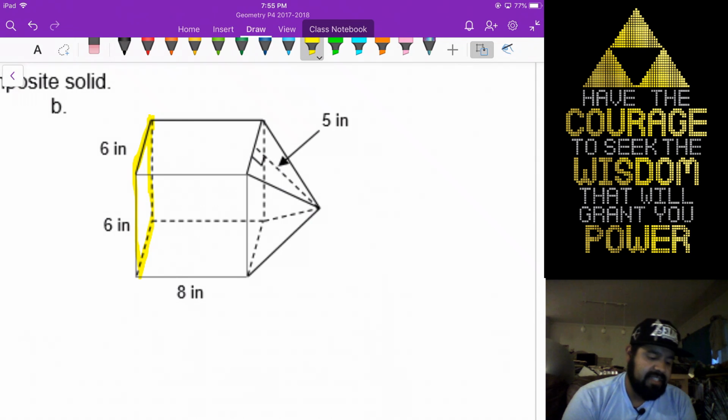Two things we need to get from this: the perimeter of our base, which is 6 plus 6 plus 6, or in this case 6 times 4. And luckily for us, that's also the same base over here for our pyramid.